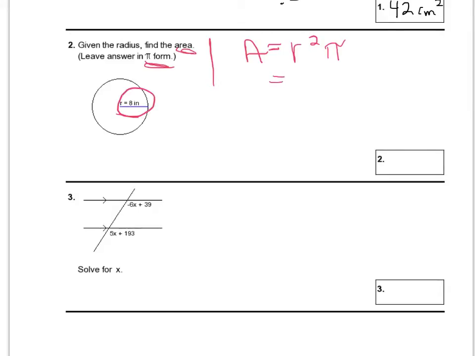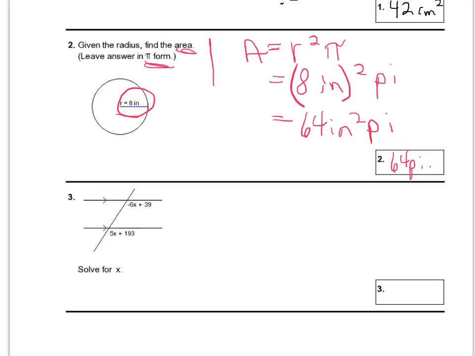The radius in this case is 8 inches, so we're going to take 8 inches and square it, and then multiply that times pi. Well, this just ends up being 64 square inches pi. 64 pi, and you could write that square inches this way too. Either way. All right, so there's your answer to number 2.